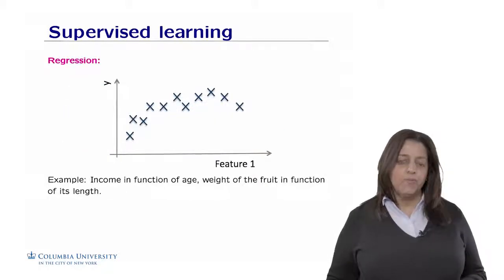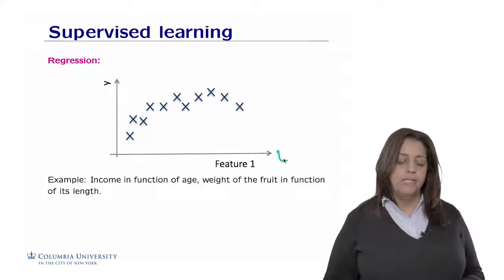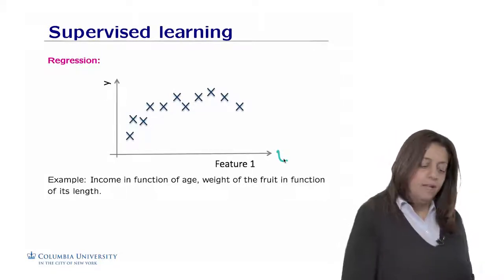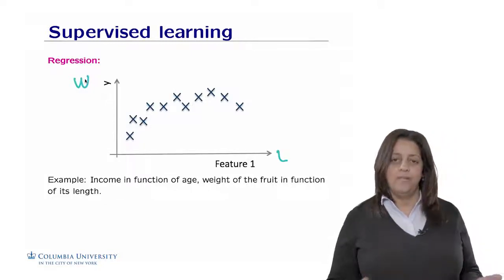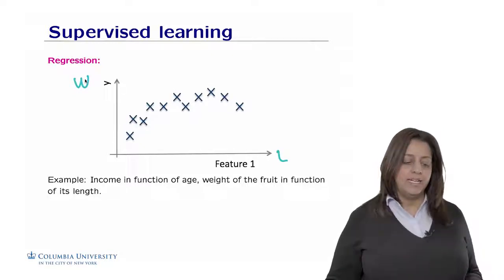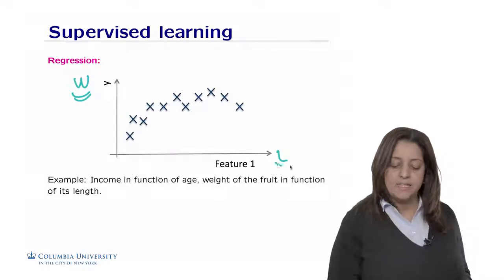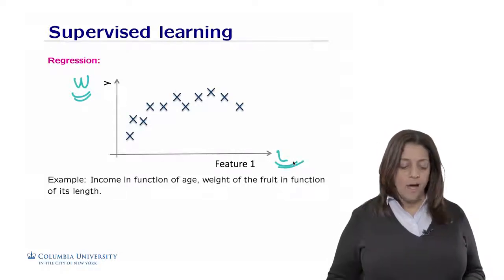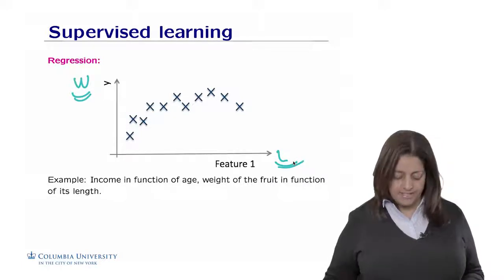As an example, suppose you have data in which you have one feature. It could be, for example, the length of the fruit, and we want to be able to predict the weight of the fruit. So it's possible to plot the data. In this case, we don't have pluses and minuses, but we just have data points for which we want to map the weight of the fruit based on the features that we are considering. Other examples include doing a regression to predict the income as a function of age, or, as I said, the weight of the fruit as a function of its length.